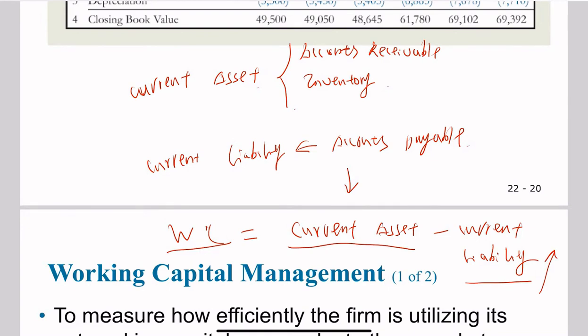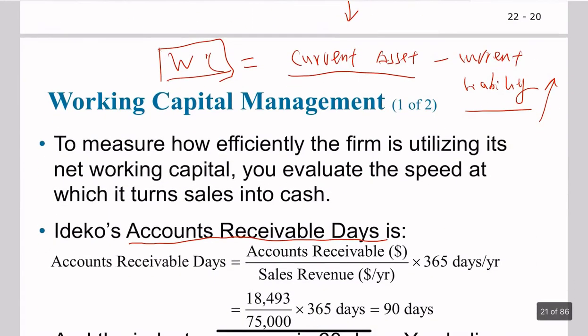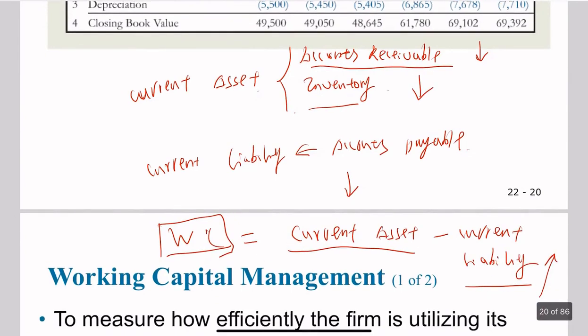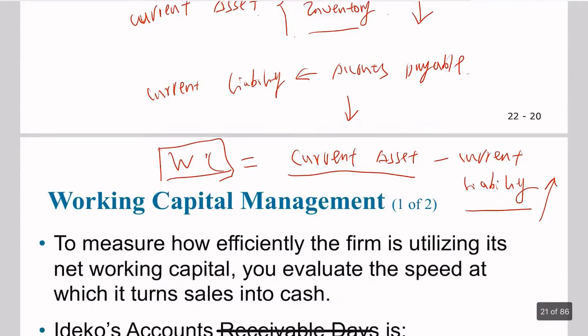By doing this, you will have a smaller working capital, which means you're tying a smaller amount of cash in your production process. So here, if you want to reduce your current asset, then you can reduce accounts receivable and inventory. So here we will do both. We will think about both the firm's accounts receivable and the firm's inventory.